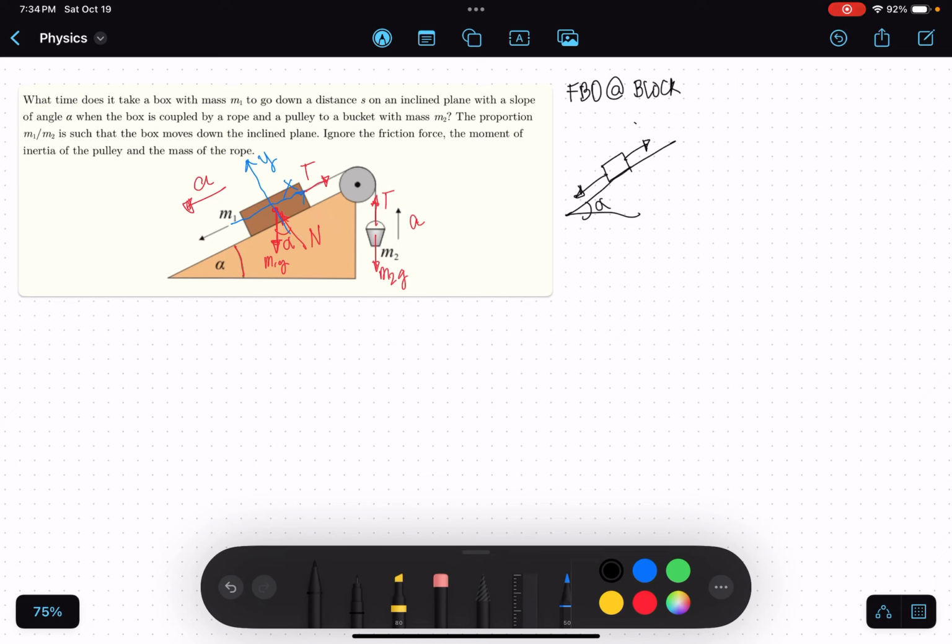Ito, T. And then, meron kang weight, which is M1G. And then, meron kang normal force. Ito, alpha. Okay. Then, you will have an axis going here, that is Y, and then going here, that is X.